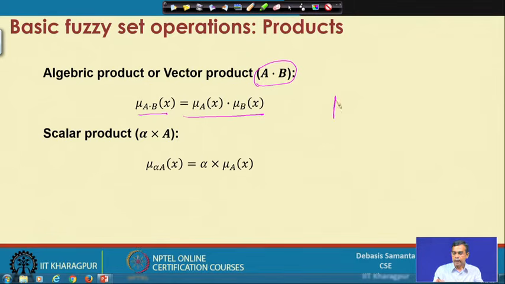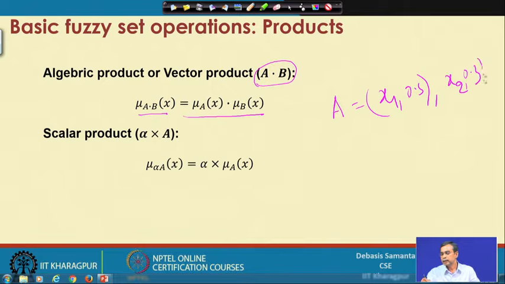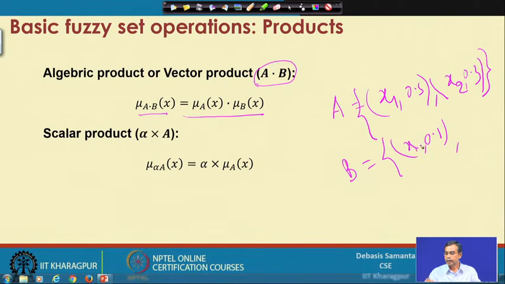Now, suppose A is a fuzzy set with x 1 at 0.5 and x 2 at 0.3, and B has x 1 at 0.1 and x 2 at 0.2. Then mu A dot B of x can be obtained.